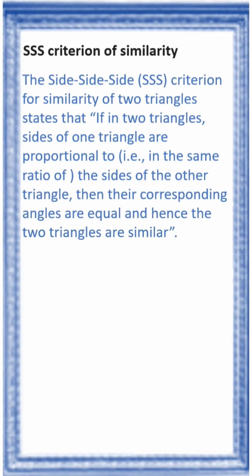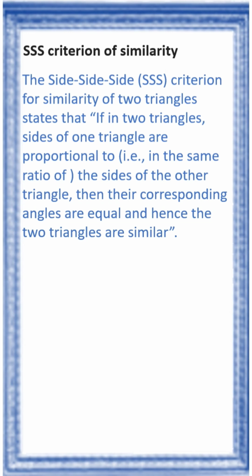Now let us prove SSS criterion of similarity. What is the statement of it? The side criterion for similarity of two triangles states that if in two triangles sides of one triangle are proportional to the sides of other triangle, then their corresponding angles are equal and hence the two triangles are similar.